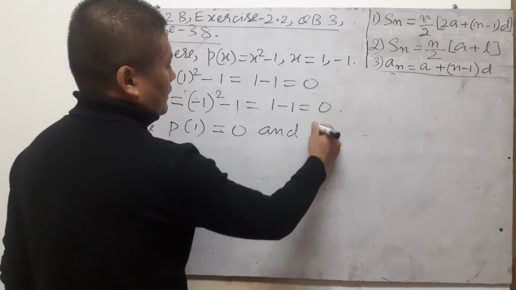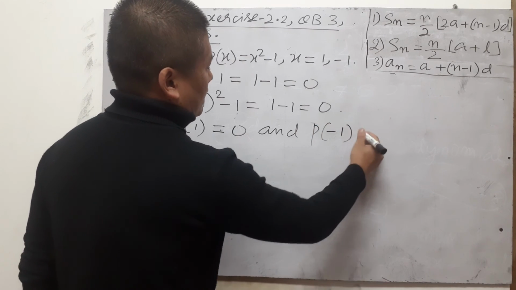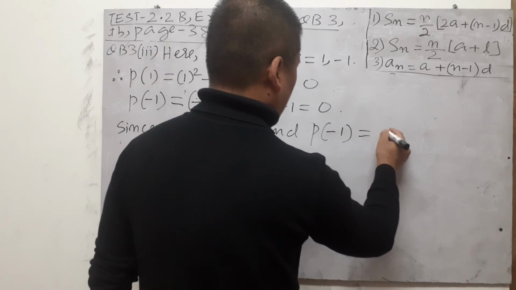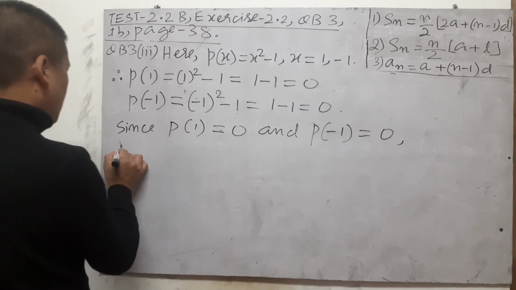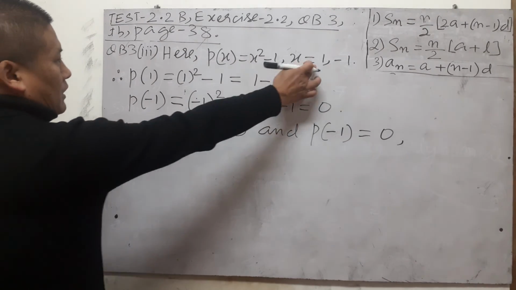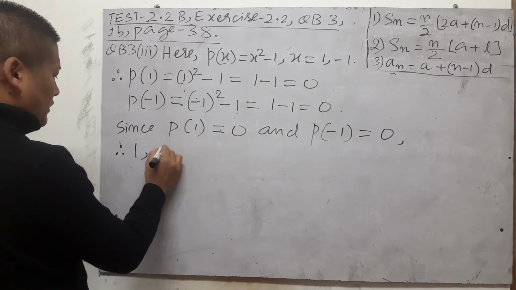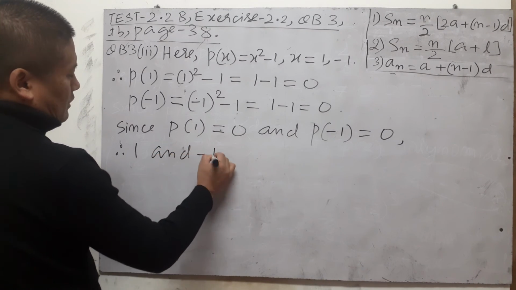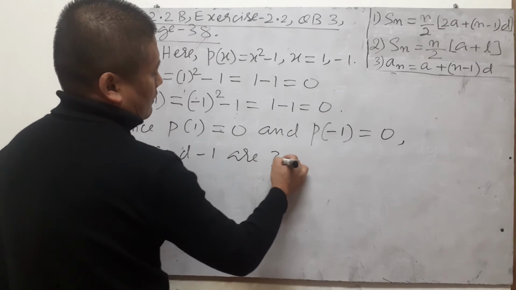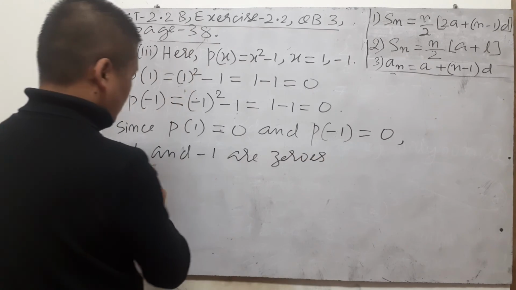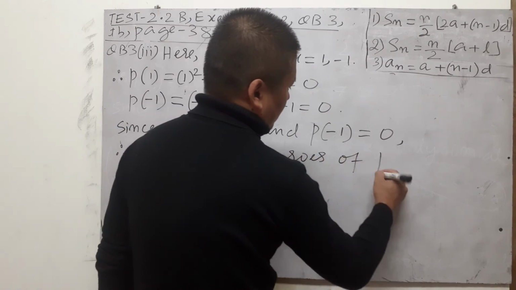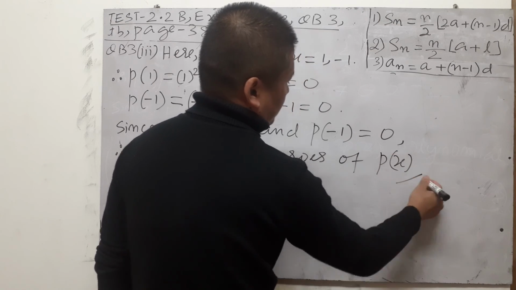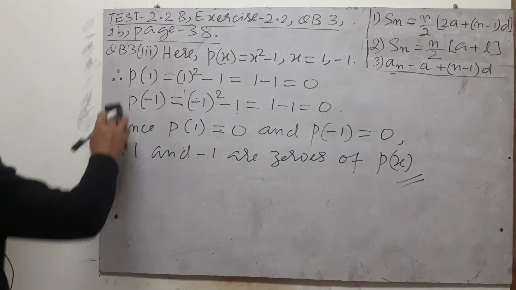And also p of minus 1 is equal to 0. Therefore both the numbers, x equal to 1 and x equal to minus 1, are zeros. There are 2 zeros of the given polynomial p of x. So that's how we're doing it.